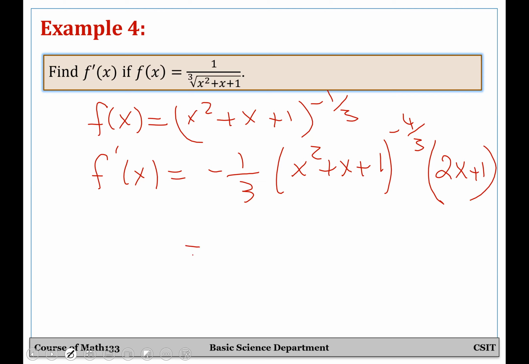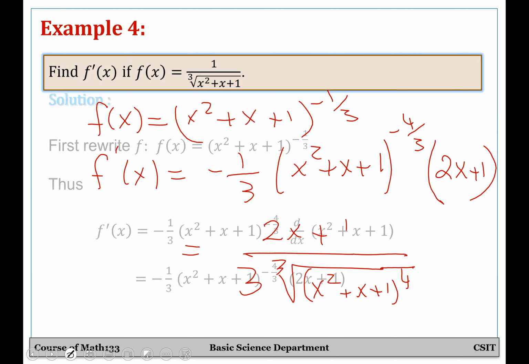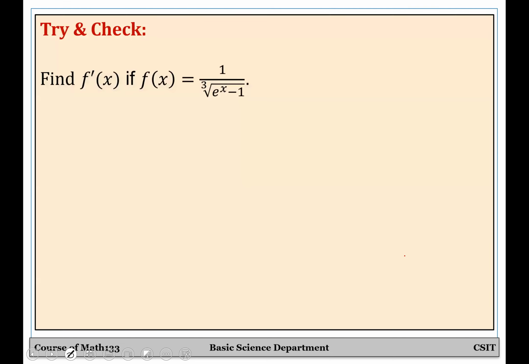Sometimes we write this negative power in the denominator, so it will be 3 cube root of x squared plus x plus 1 power 4. This is another writing of the derivative. Okay, here try and check example.